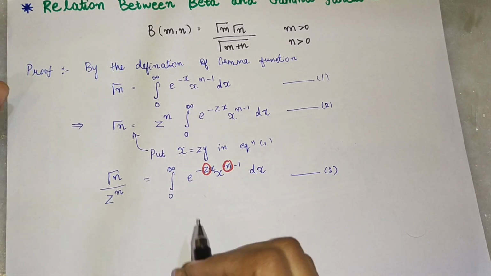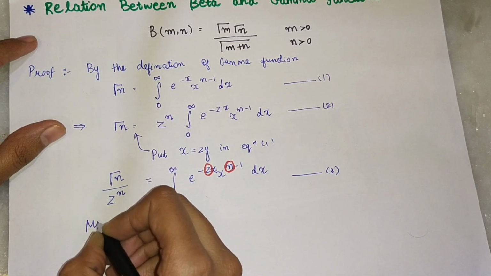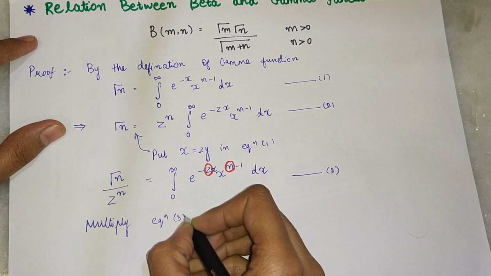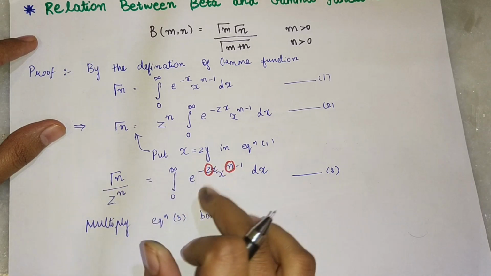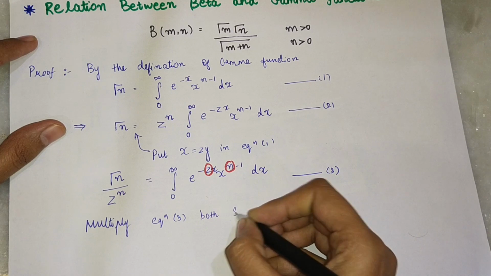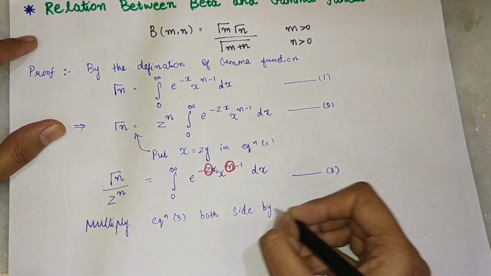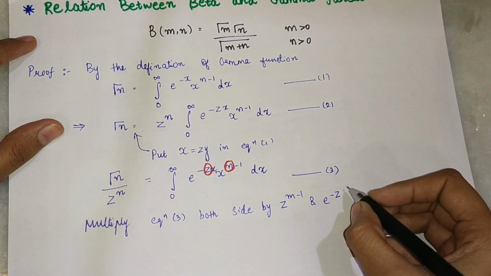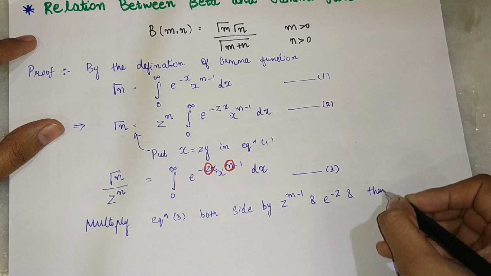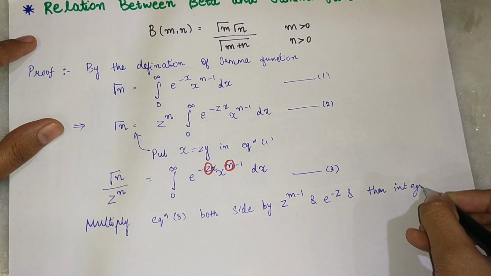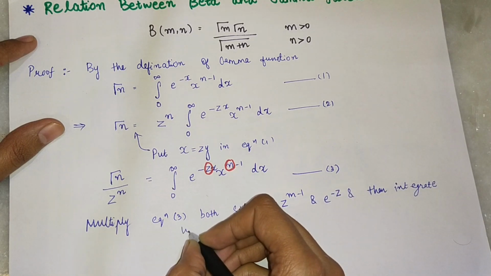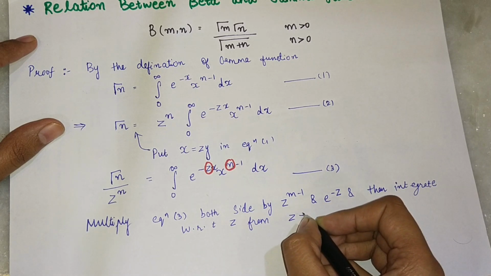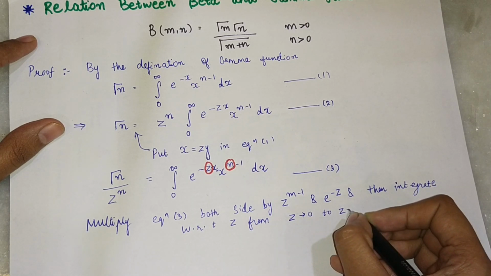Okay, so now we will multiply equation 3 on both sides by z raised to m minus 1 and e raised to minus z, and then we will integrate with respect to z from z equal to 0 to z tends to infinity.